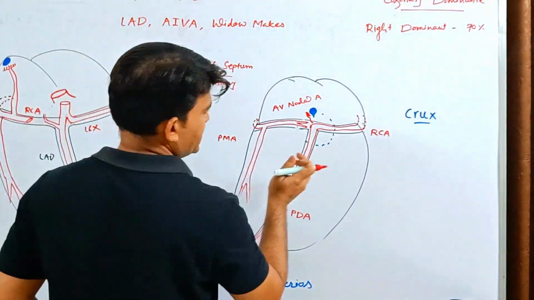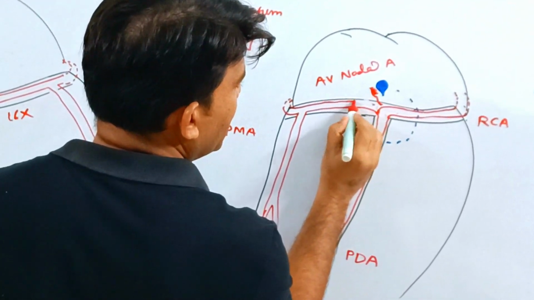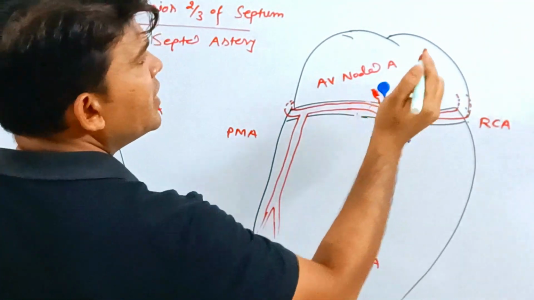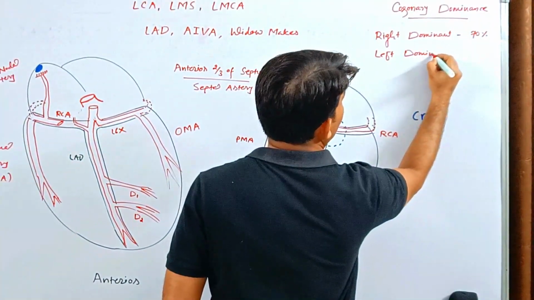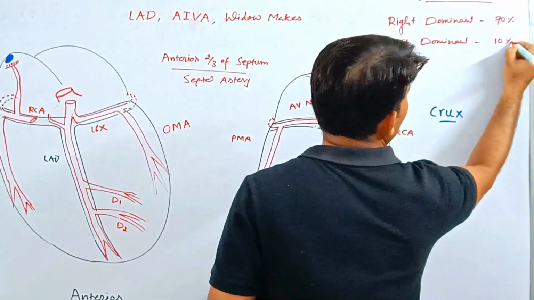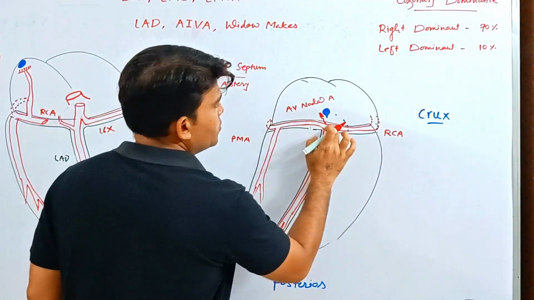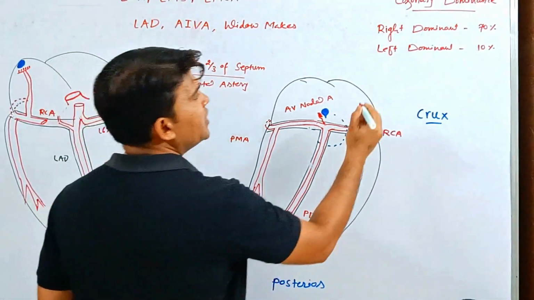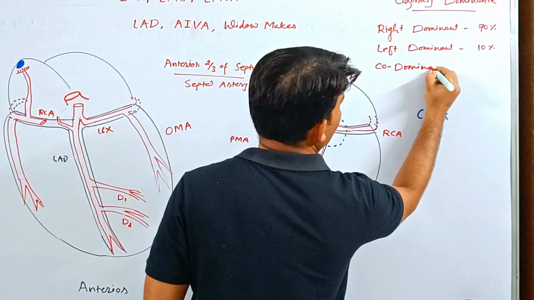And if the LCX supplies the posterior descending artery, then in that case we will call it a left dominant heart, and we see this in about 10% of cases. And if RCA and LCX both supply the posterior descending artery, in that case we'll call it a co-dominant heart, co-dominant circulation.